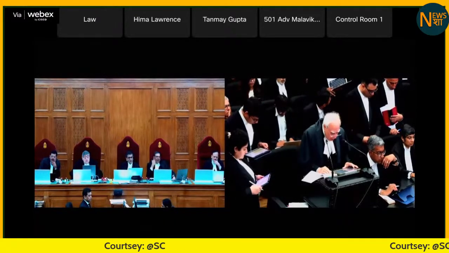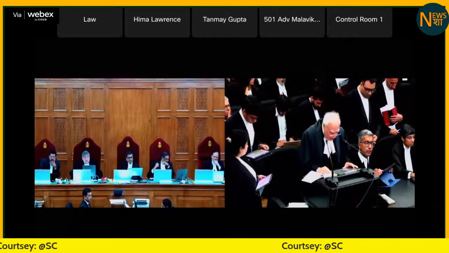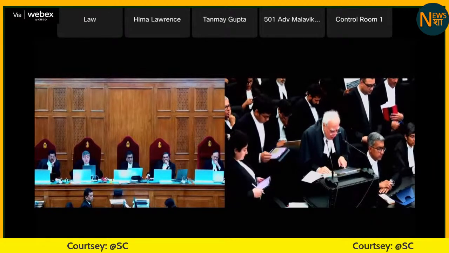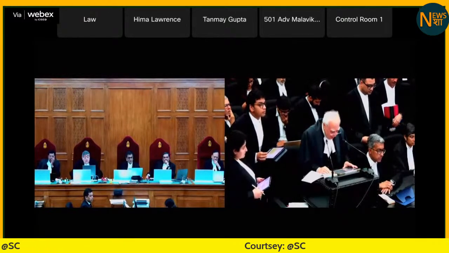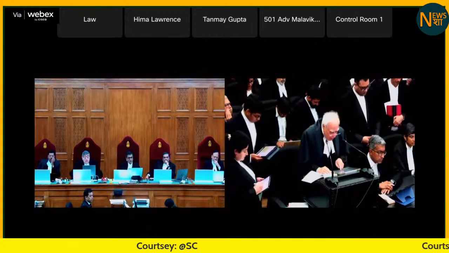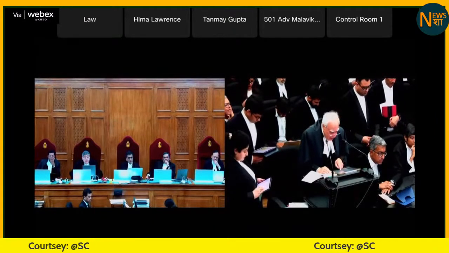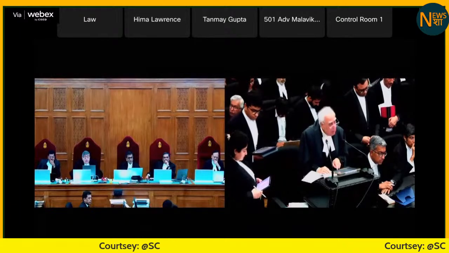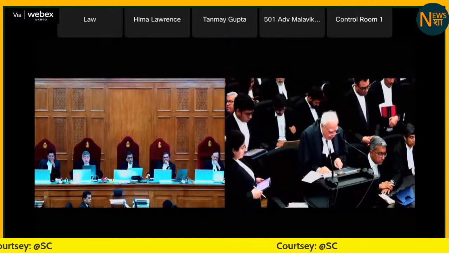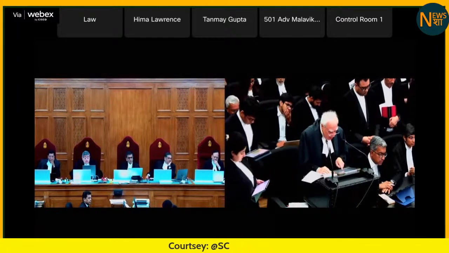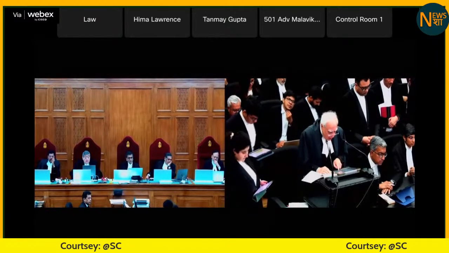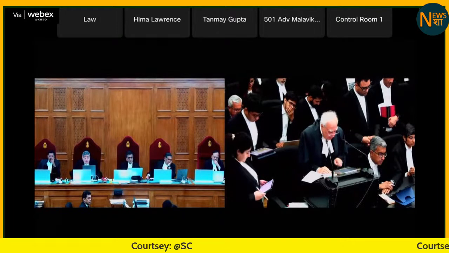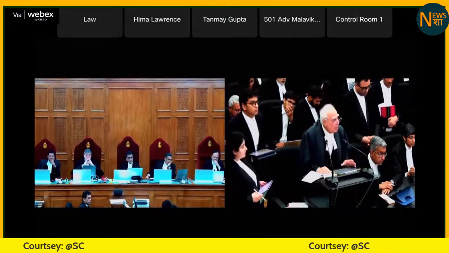The matters specified in the first schedule to this order, being matters in the union list, are hereby declared to correspond to matters specified in the instrument of accession, governing the accession of the state of Jammu and Kashmir to the Dominion of India, as the matters with regard to which the Dominion legislature may make laws for the state. Accordingly, the power of Parliament to make laws for that state shall be limited to matters specified, which your Lordship said is the limitation.